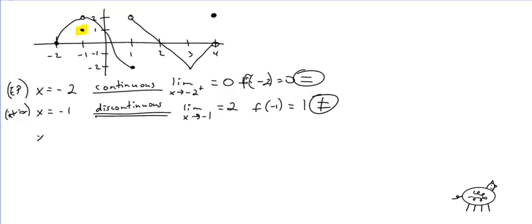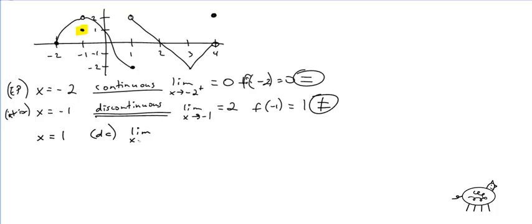Next is another interior point at x equals 1. If you look at 1, we have a jump here. This is going to be discontinuous, and I'm just going to write DC to abbreviate.